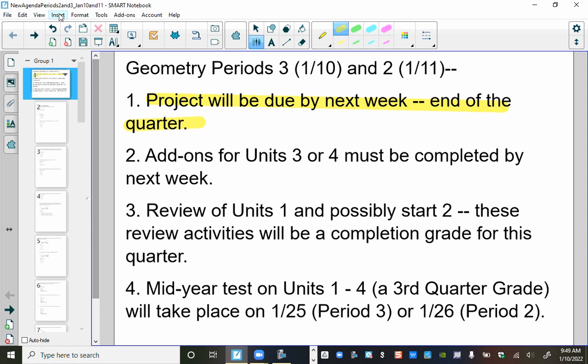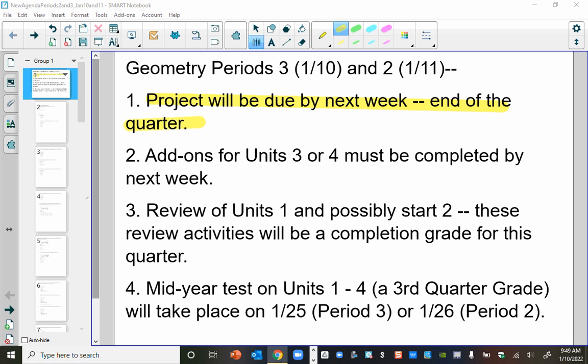And I will show you what it looks like again in Schoology. That's where it's located. I can bring it up again in like 30 seconds.